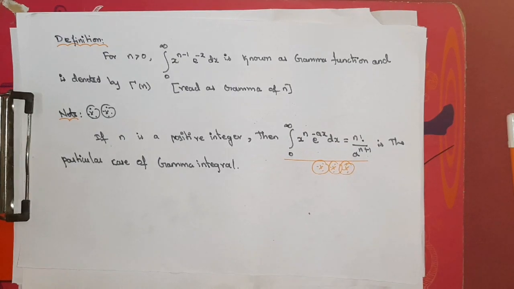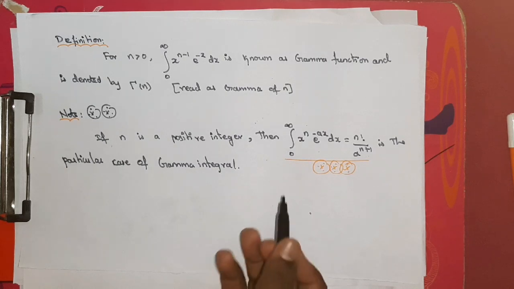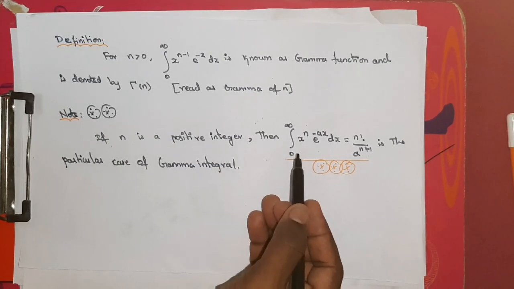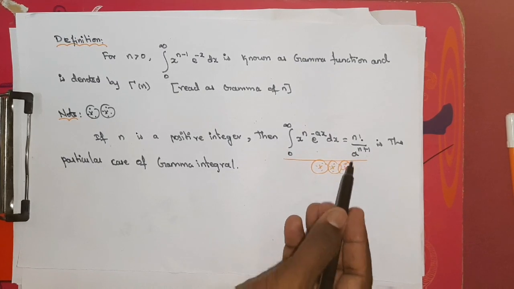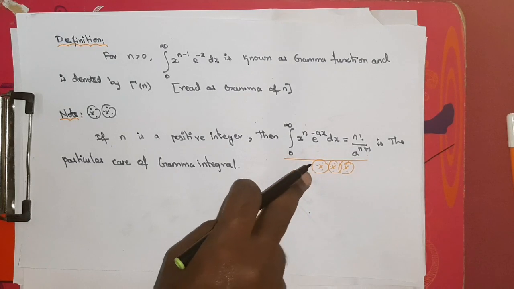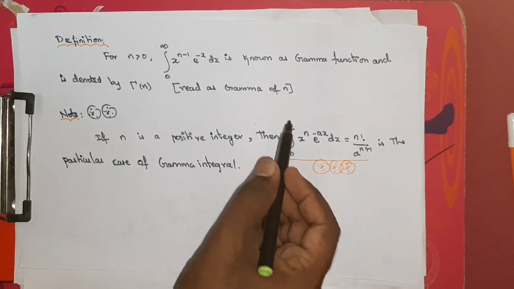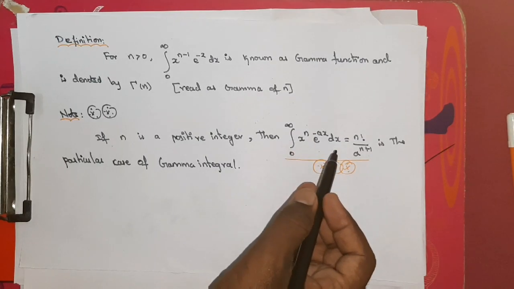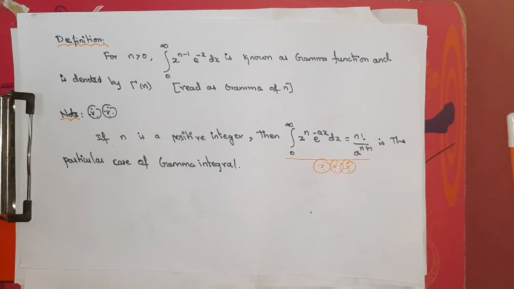So the formula is n factorial by a power n plus 1. We are going to use this formula in nearly 7 sums in this exercise. So keep it in mind: integral 0 to infinity x power n e power minus ax dx is equal to n factorial by a power n plus 1.